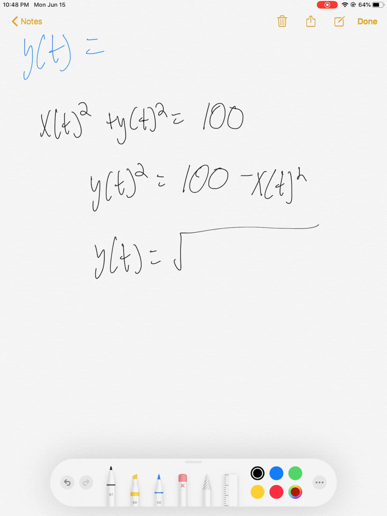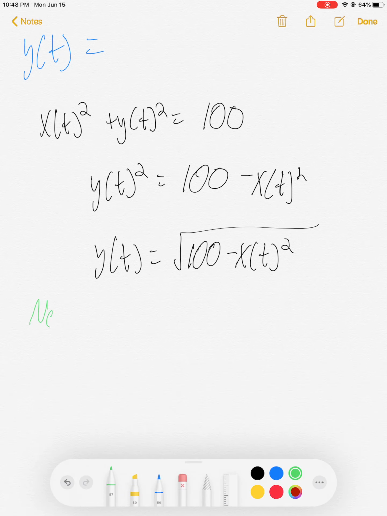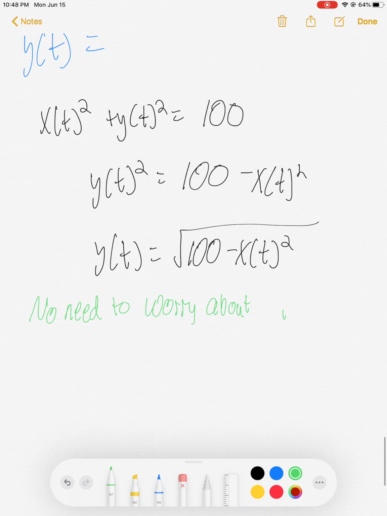So x of t squared plus y of t squared equals 100. Well, this is the same as saying y of t squared equals 100 minus x of t squared. Well, this is the same as saying, if I take square roots of both sides, y of t equals the square root of 100 minus x of t squared.